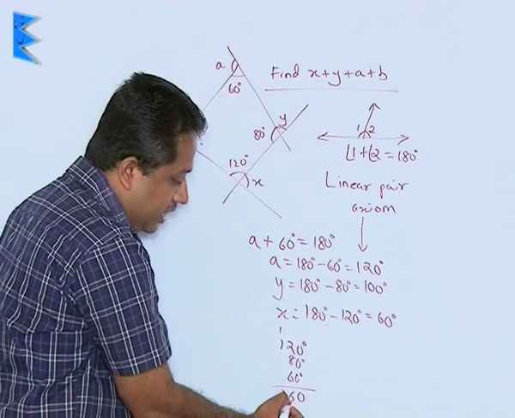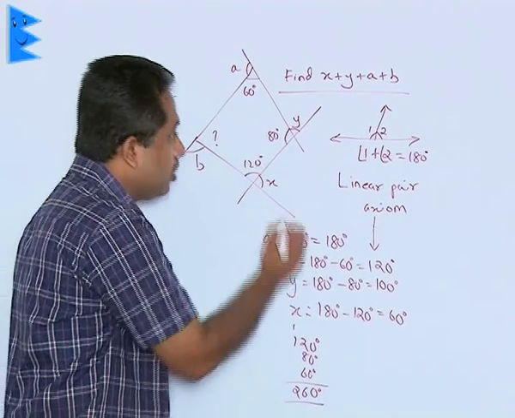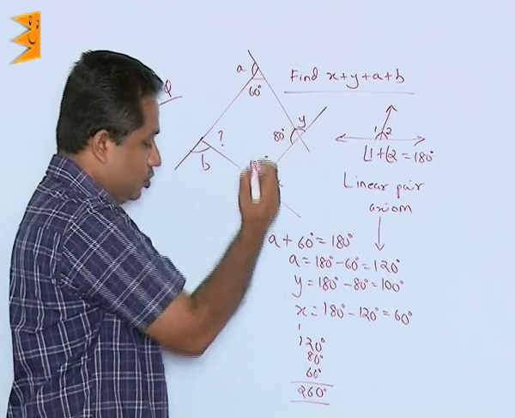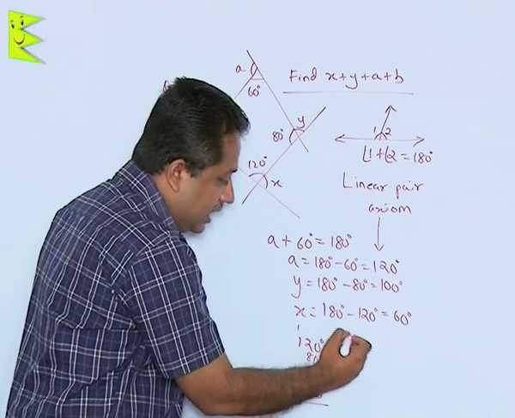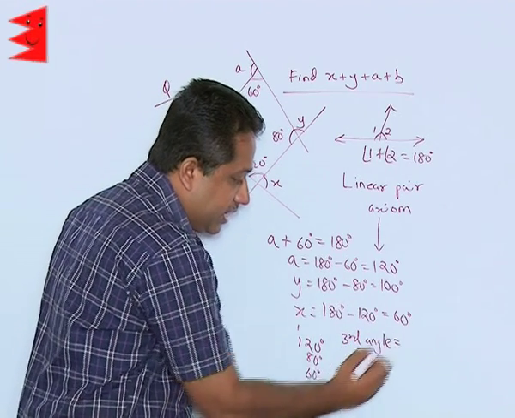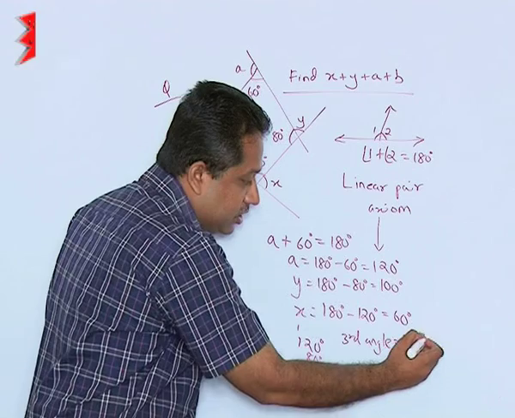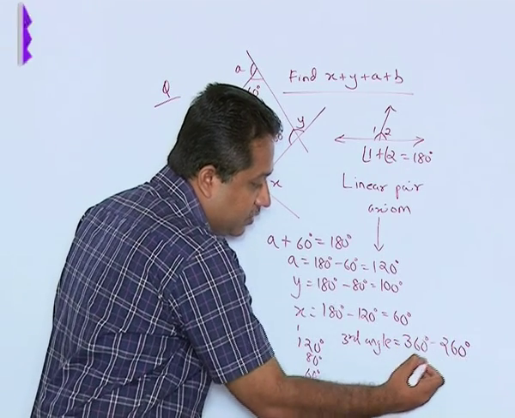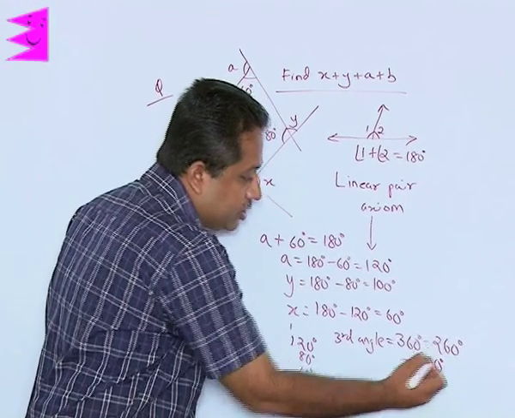So, we get 260 degrees as the total of the three angles. Now, the unknown angle can be found by subtracting this total from 360. So, 360 minus 260, we will get 100 degrees.